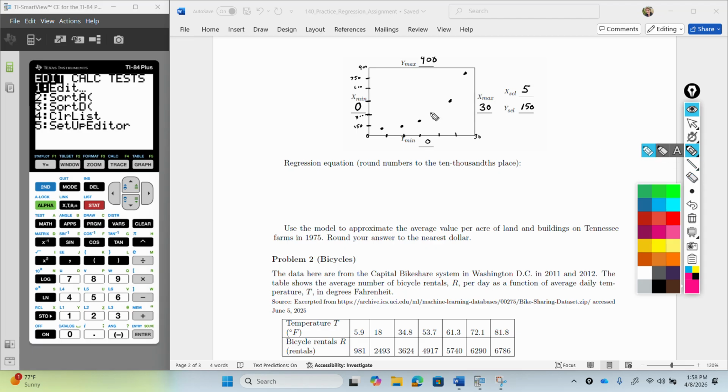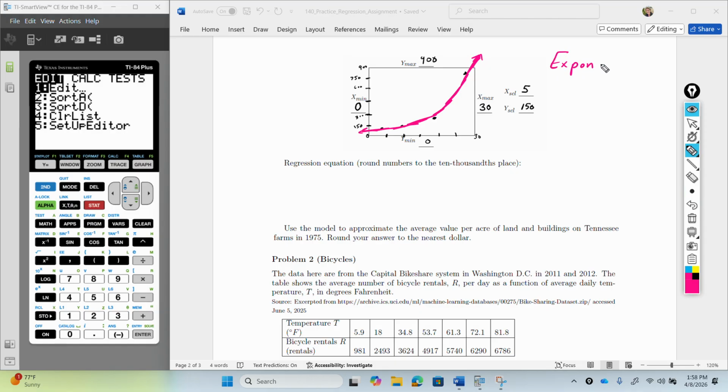What I'm doing with red is just some extra. It seems that this curve has this shape, and that is the shape of an exponential. The curve looks like an exponential. Okay, so exponentials go like so. So I think it looks like an exponential function, so I'm going to do exponential regression.